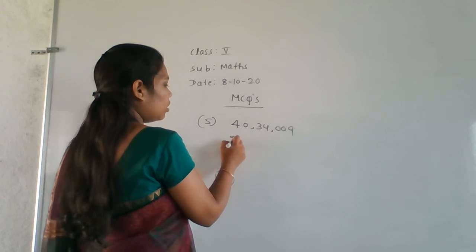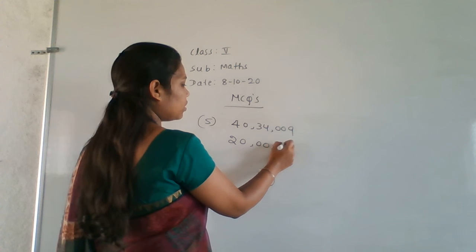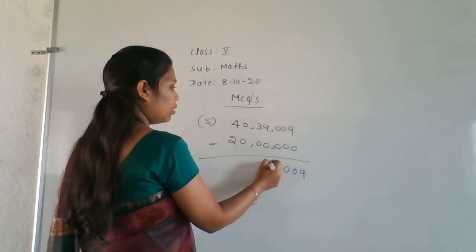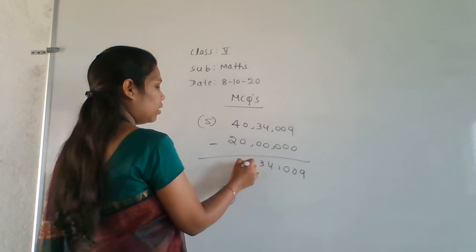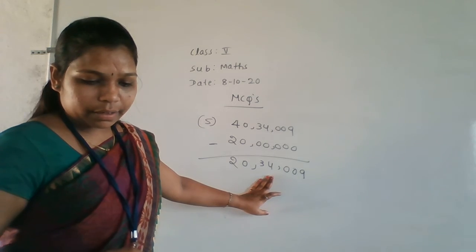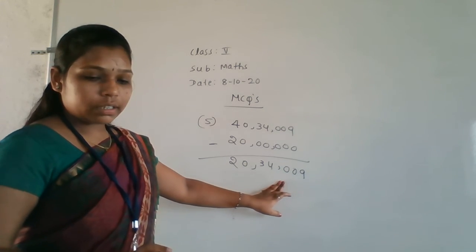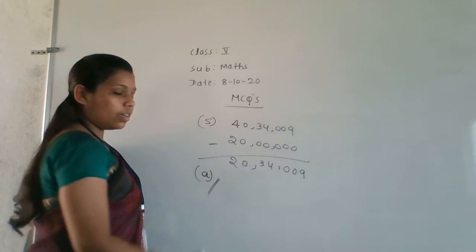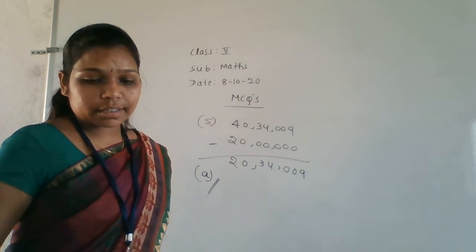Now subtract 20 lakh. Less than means you have to subtract the value. 4 minus 2 is 20 lakh 34,009. Where is the option? That is A. A is the right answer.